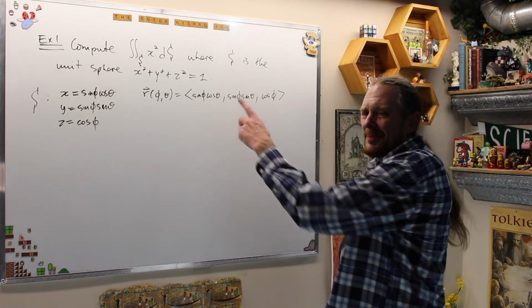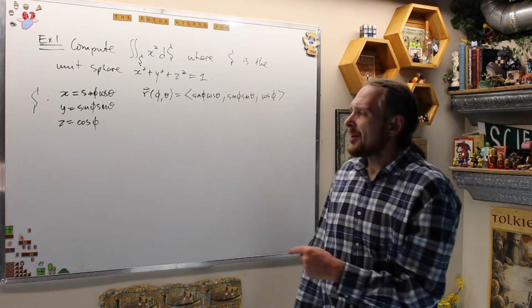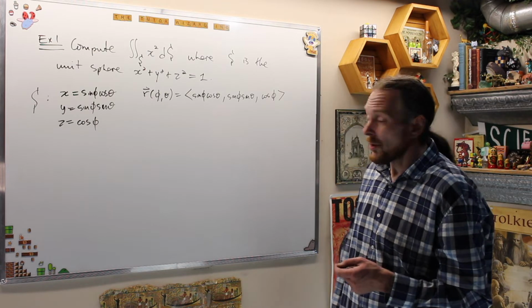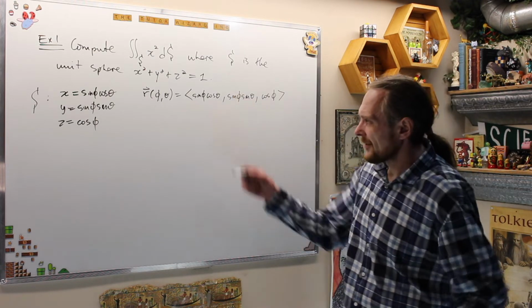I'll compute them, but I'll skip the steps of this. It is essentially looking at the Jacobian of the transformation of spherical coordinates, but I'll quickly go over it in this form.